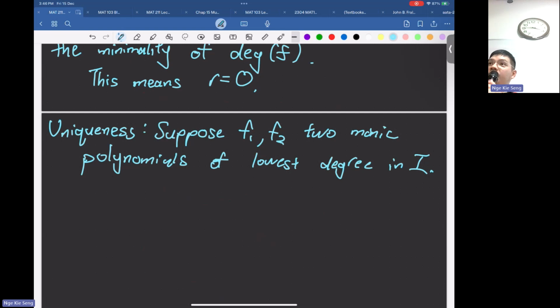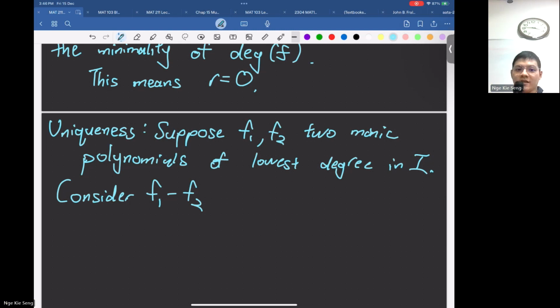I can take the difference. Consider F1 minus F2. What is F1 minus F2? They are monic, so the leading coefficient is the same. So if you take the difference, what do you get?